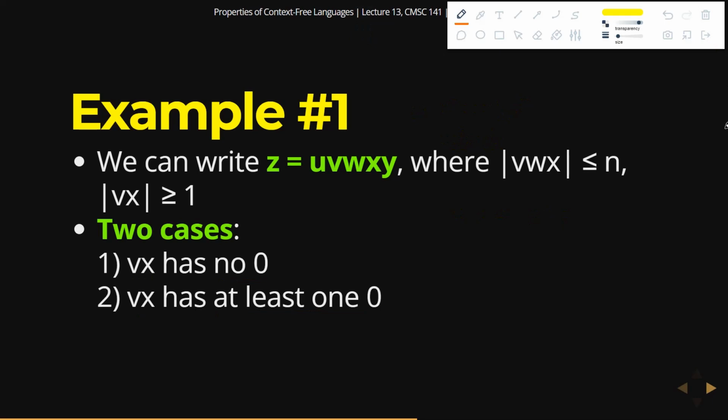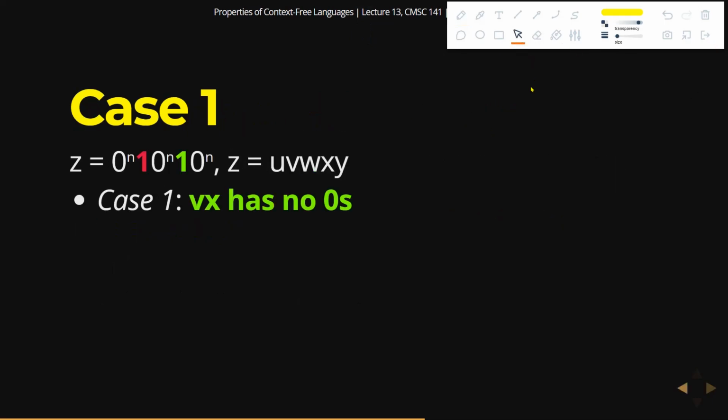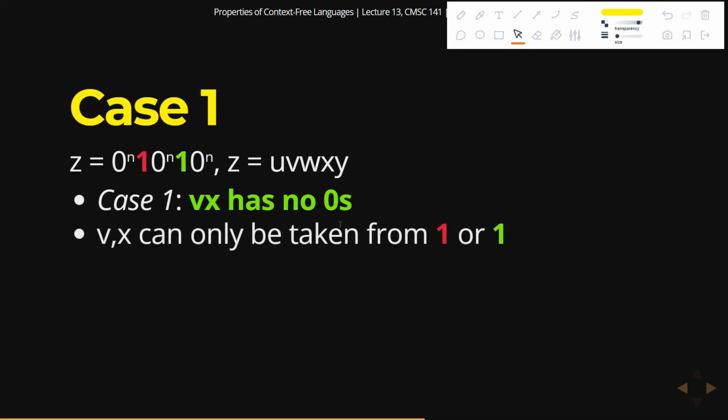So what will happen if it has no zeros? Then that means that v and x can only be taken from these two ones here.